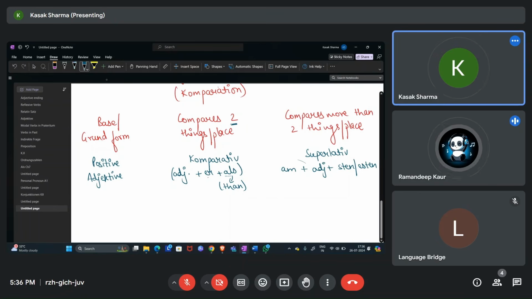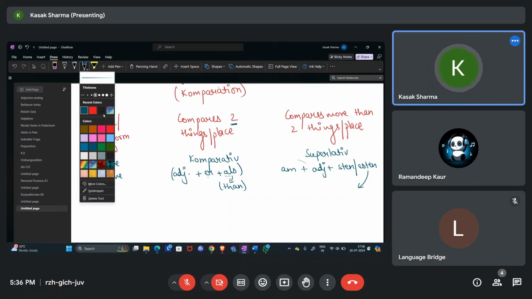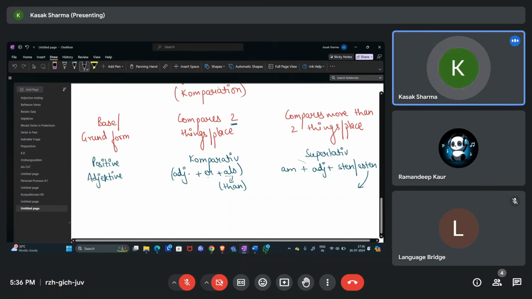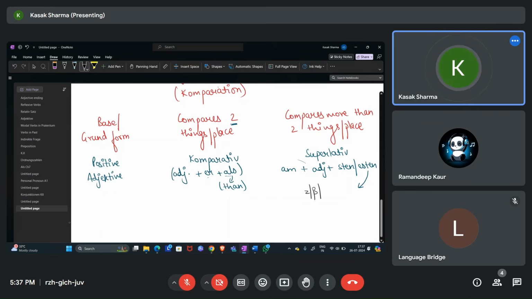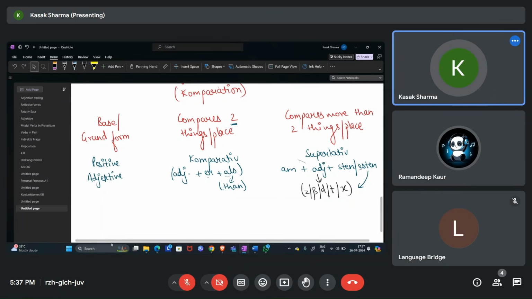These -esten will only be there if the adjective ends with Z, S, D, T or X. If the adjective ends with these letters, then the ending will be -esten. If not, then the ending will be -sten.